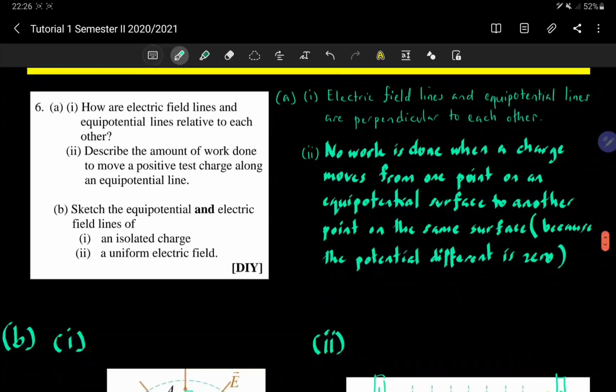Alright, and therefore number 6A2, describe the amount of work done to move a positive test charge along an equipotential line. So no work is done when a charge moves from one point on an equipotential surface to another point on the same surface. Why? Because the potential difference is 0.